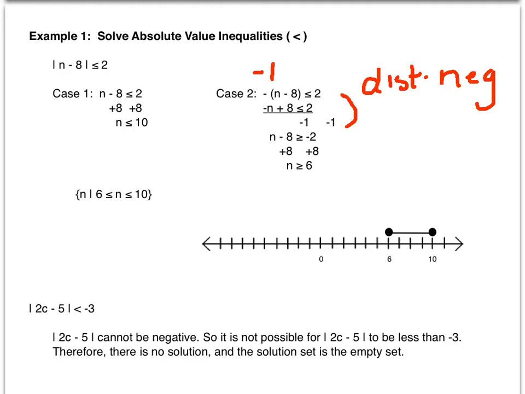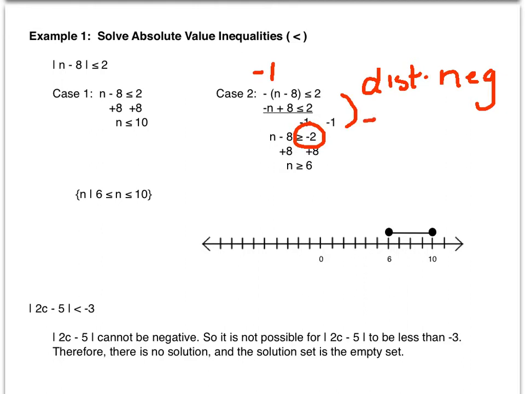Now, we want to go ahead and get rid of the negative 1, and we could do this at any point that we wanted to. We could do it later if we wanted, or we can do it now. We divide both sides by negative 1, and that gives us n minus 8 is greater than or equal to negative 2. So basically the only thing that we did is we flipped our symbol and we changed what was on the other side of the inequality to a negative.